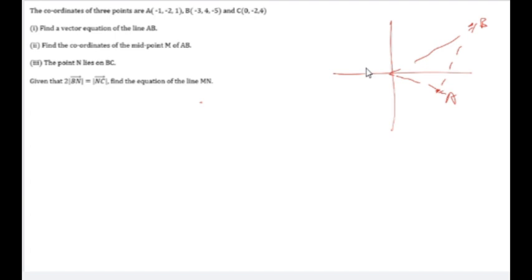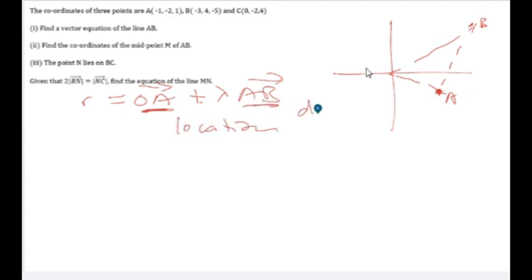Now, we can write the general form as r = OA + λAB. OA refers to the origin, so to speak, of the vector line we are talking about. So in this case, since we want to talk about AB, this is the origin, or the location.